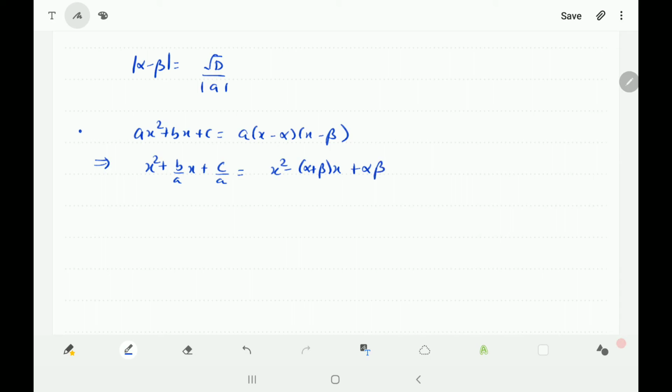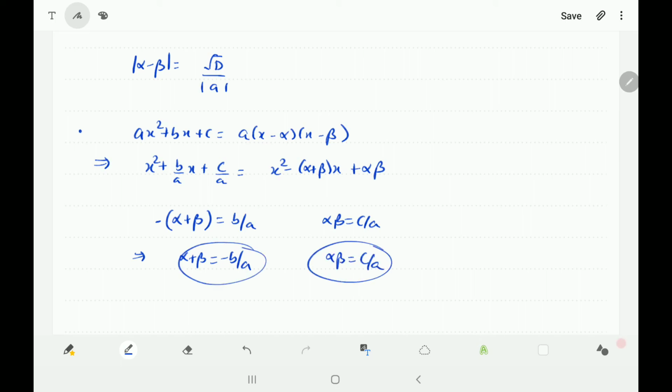If we compare the left hand side and right hand side of both the equations, what we will get is alpha plus beta with a negative sign is b by a and alpha beta is c by a. So from here also alpha plus beta will be equal to minus b by a and alpha beta is equal to c by a. I hope it is also clear.